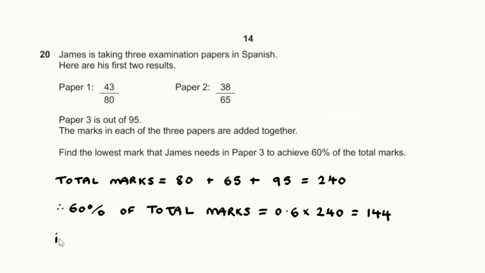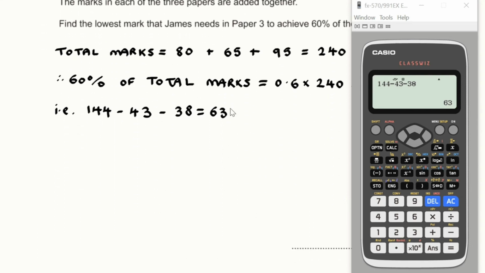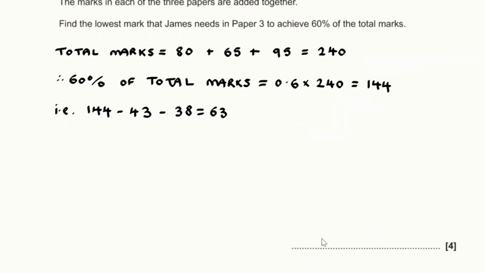And so the number of marks you need then, we've got 144, which is what he needs to get 60%, take away the 43 he got in paper 1, take away the 38 he got in paper 2, 144, take away 43, take away 38 is 63. So you need 63 marks in paper 3 to get 60% overall.